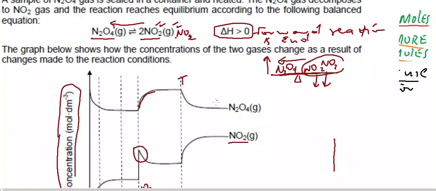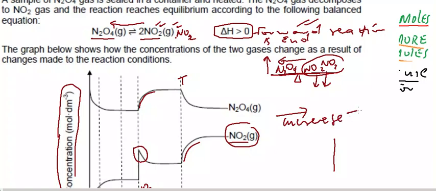What happened here? Let's look at the product. What did the product do? It increases, which means the forward reaction is favored. Forward reaction is favored. The forward reaction is what? Endothermic. Endothermic is favored. Since the forward reaction is favored, it is endothermic. Endothermic is favored when you do what?